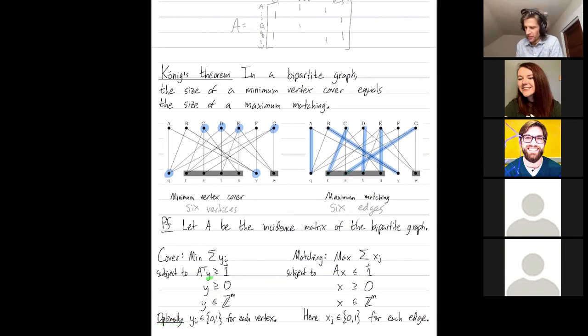You could do better just by using a label 1, because you only need to get up to at least the value 1. And labeling 1 is always going to minimize things better than labeling a vertex 2. So sure, you could have a feasible solution where you label a vertex with 2, but an optimal solution, minimizing the sum of vertex labels, is always going to have labels 0 and 1. Okay. And the vertices labeled 1 are the ones we include.